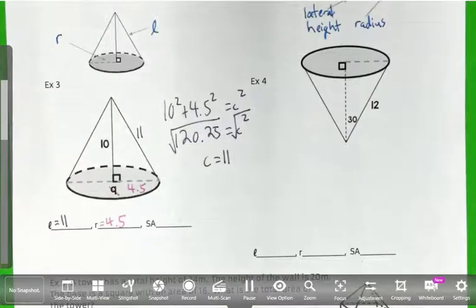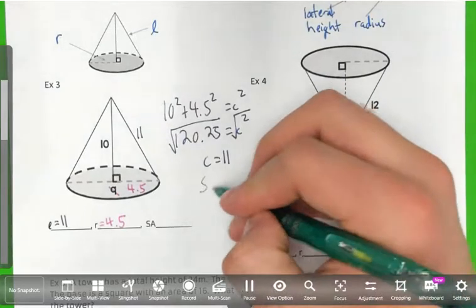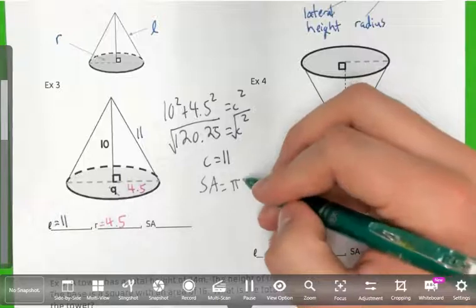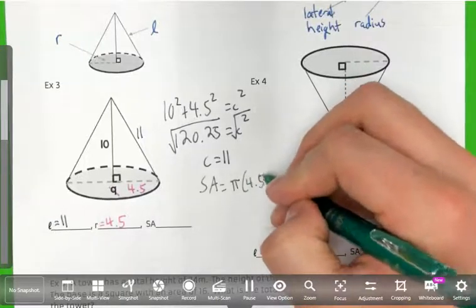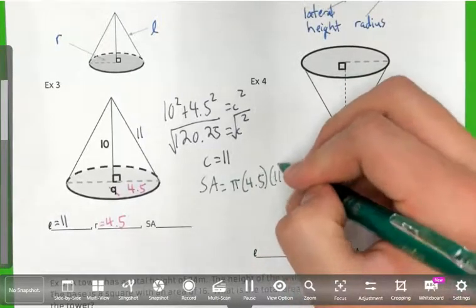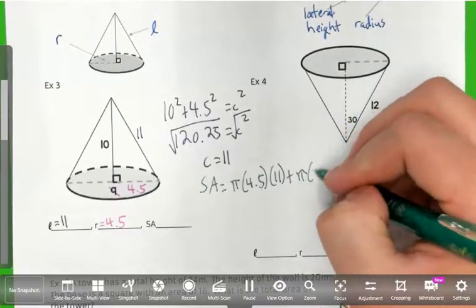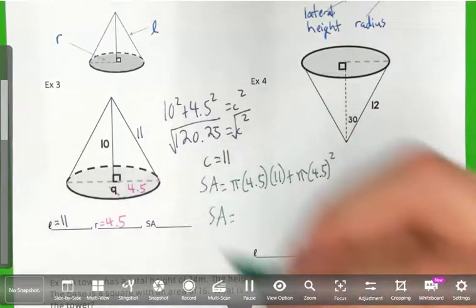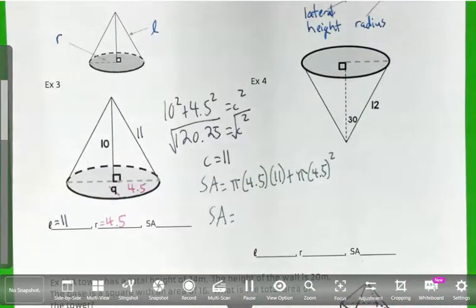And then we have the two pieces of information from our formula. So now we'll say that the surface area is pi r L, so pi times 4.5 times 11, and then plus pi r squared. So that's pi times 4.5 squared. We'll go ahead and show this two ways. First, we'll multiply out everything except for pi.